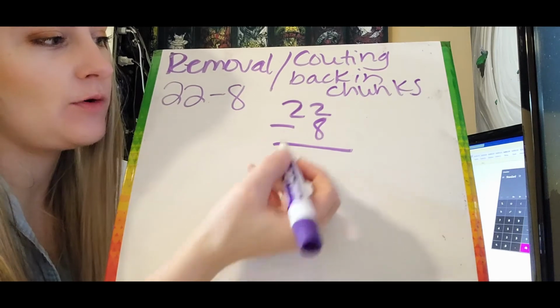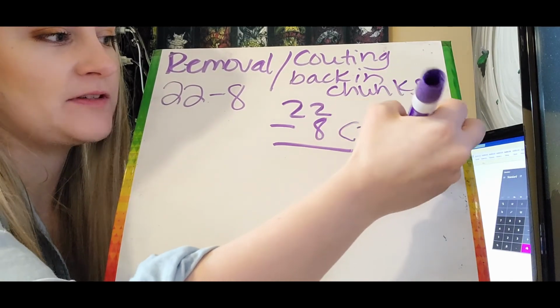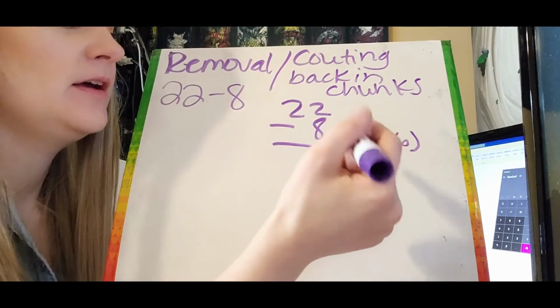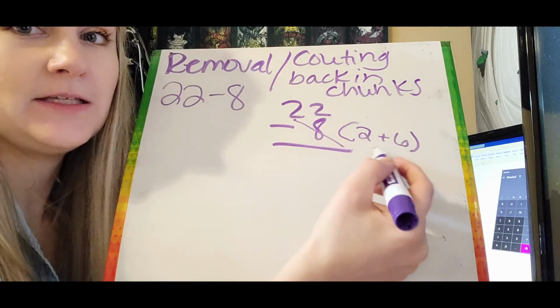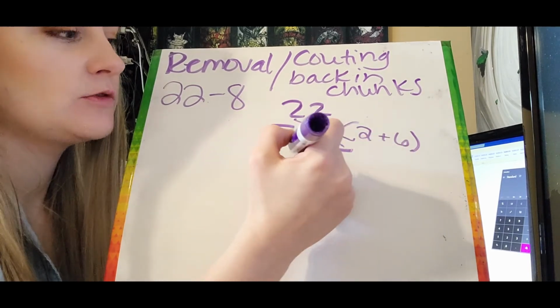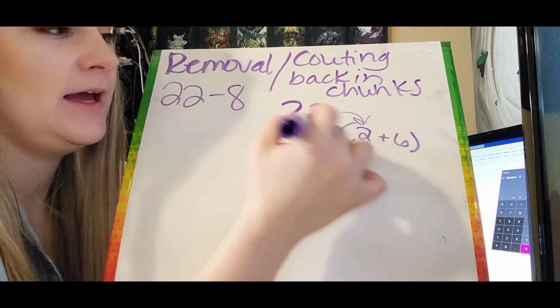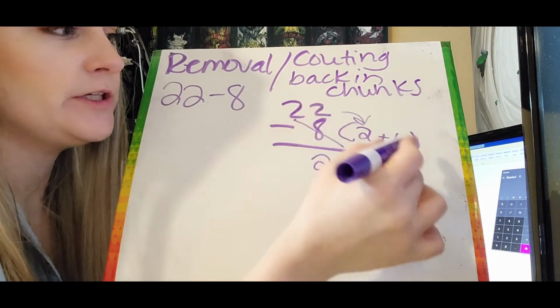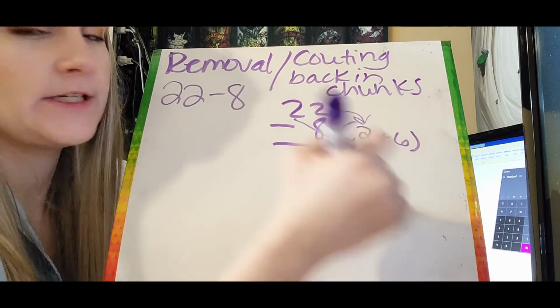So I know that 8 is made up of 2 plus 6. Okay? So we're not looking at 8 anymore. What we're going to do is subtract these two numbers from 22. So 22 minus 2 would give me 20. And 22 minus 6 would give me 14.